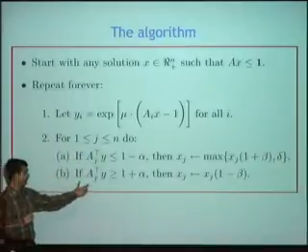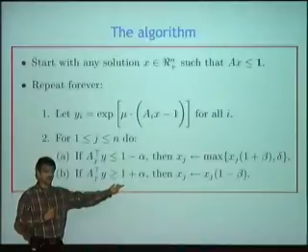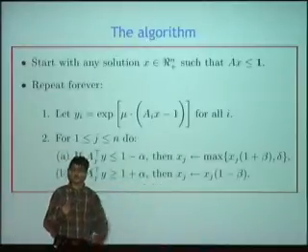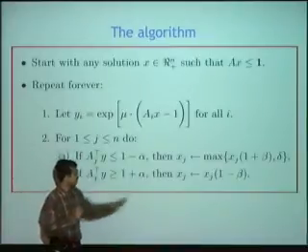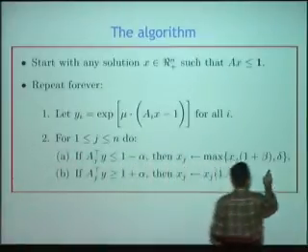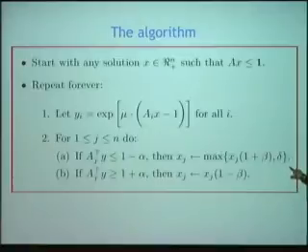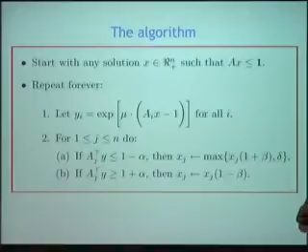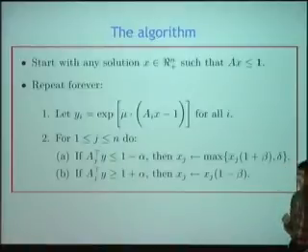On the other hand, if this value is much larger than 1, then he's going to decrease his value by a small multiplicative factor. And we need to have some additive change here, because if xj is 0 to begin with, then just a multiplicative change will not be enough to change xj. So just to bootstrap that multiplicative change, we have this additive small delta.